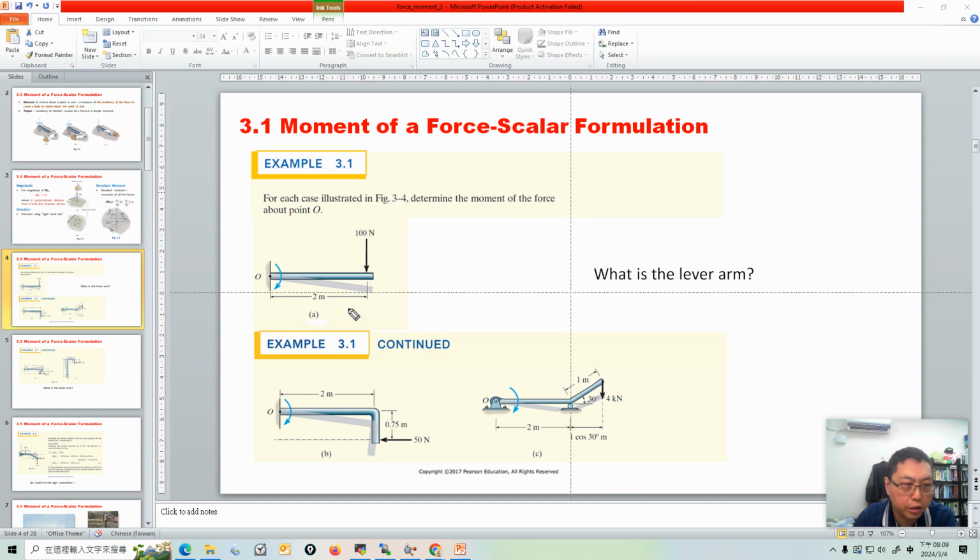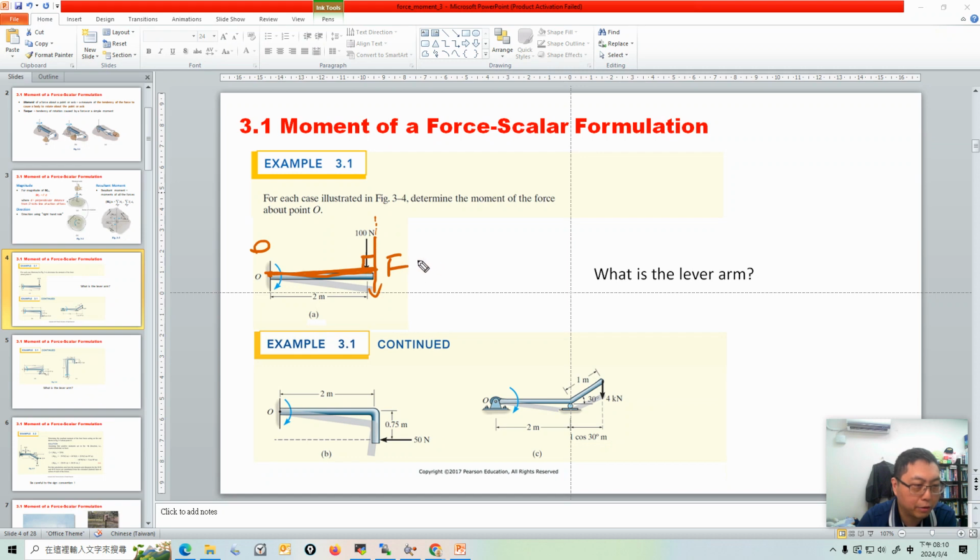The force is here, and O is here. So the lever arm is the perpendicular distance between the reference point O and the line of action of the force.